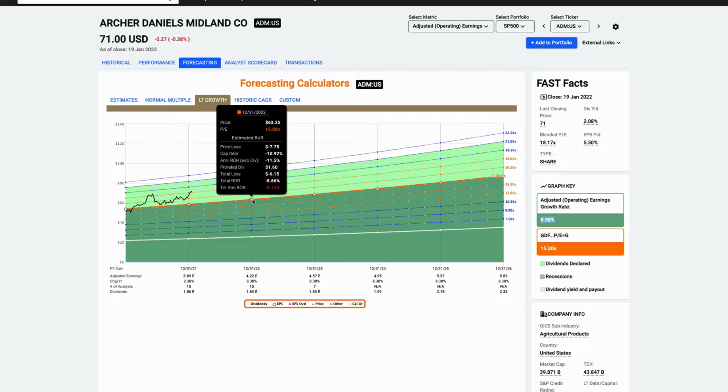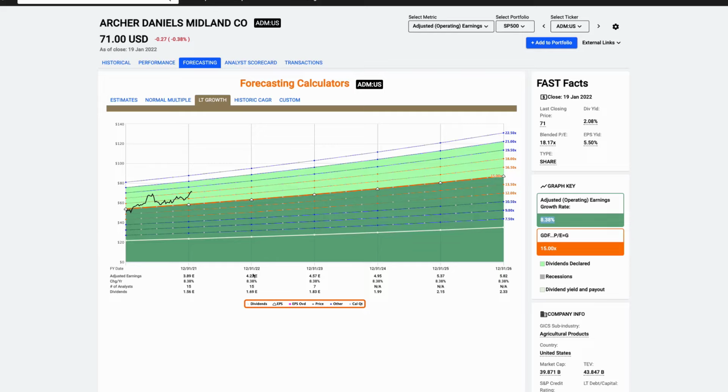So this is a different set of estimates, which can provide a different view of what this company is going to do. So based off of these growth rate estimates growing from the last actual, this is where the numbers would be.